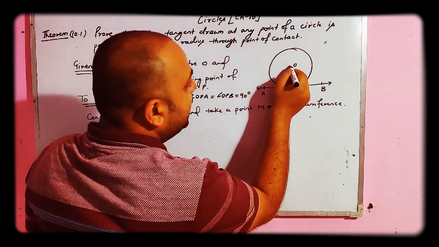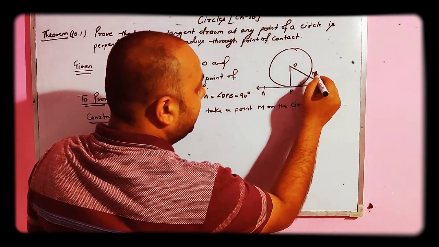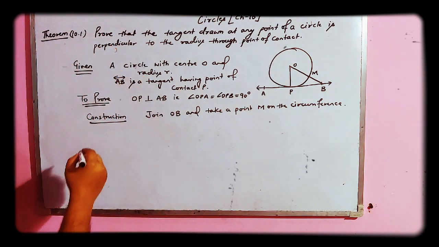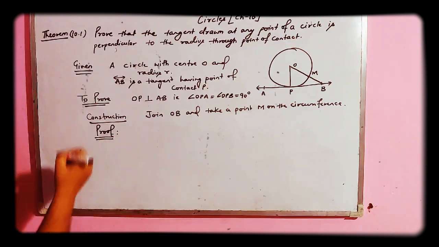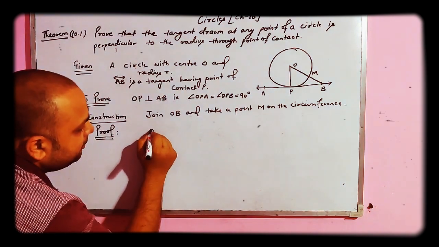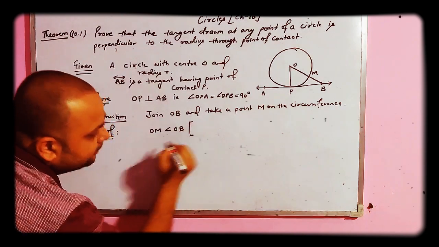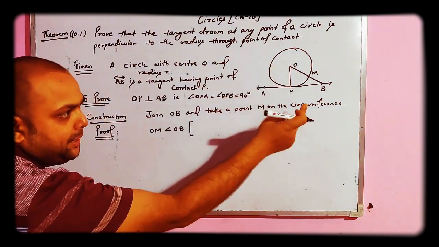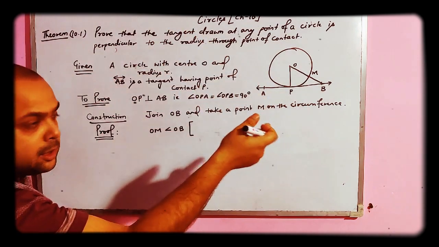So what I am doing here is just joining this and taking this point as M. Now the proof part is very simple here. We know that OM is less than OB, as OB is the whole part and OM is the part of OB.